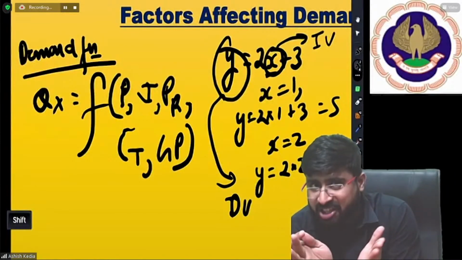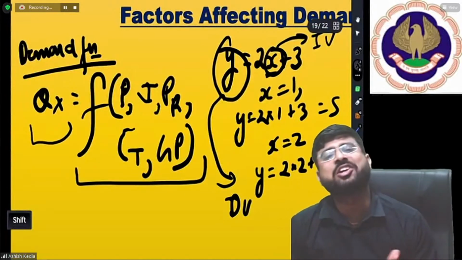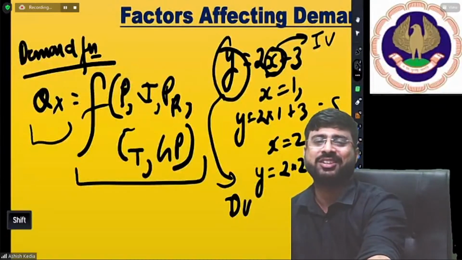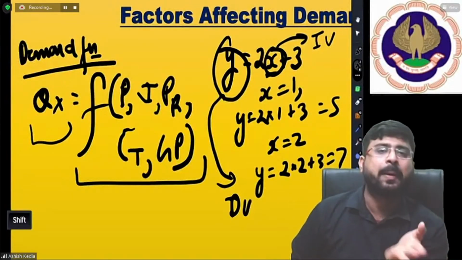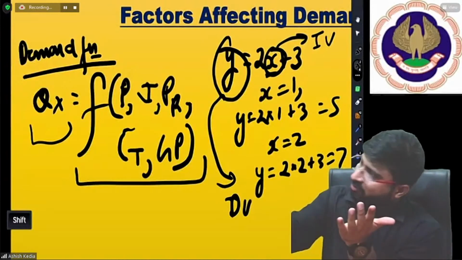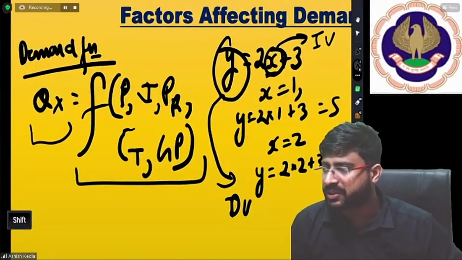So this relationship between quantity demanded and the factors affecting quantity demanded is called demand function. I hope it's crystal clear.